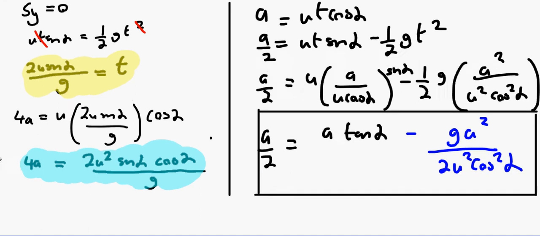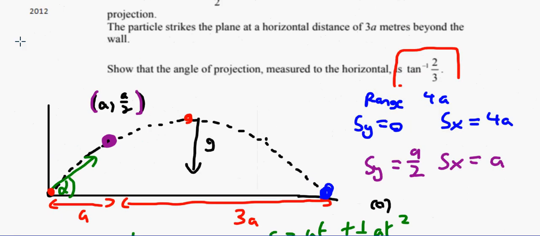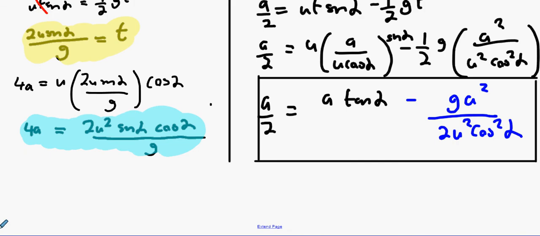Then you go back to the top, and you're meant to get alpha on its own. The whole point of the question is you should get tan alpha equals 2 over 3. So now you're going to have to find a way to get rid of letters that you don't want. Okay? So I'm looking at my equation on the left here, and I'm going, okay, I can get rid of the 2u squared pretty handy. How can I get rid of that 2u squared?